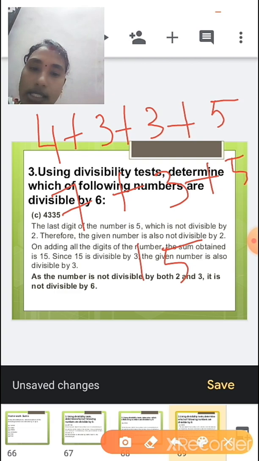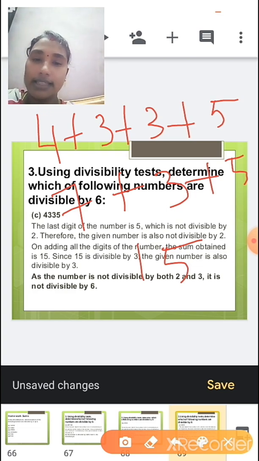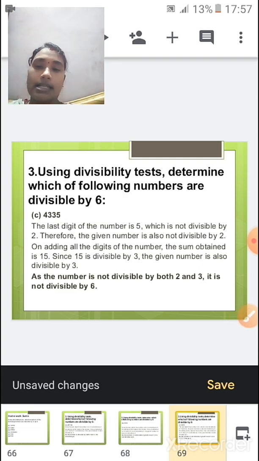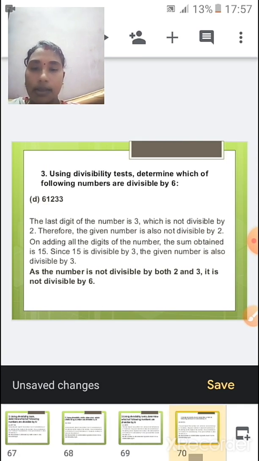So 15 is divisible by 3, and the number 4,335 is divisible by 3. But it is not divisible by 6, because 4,335 is not divisible by 2. So did you understand this sum, children? Yes. So let us see the last sum in this exercise, that is D sum.